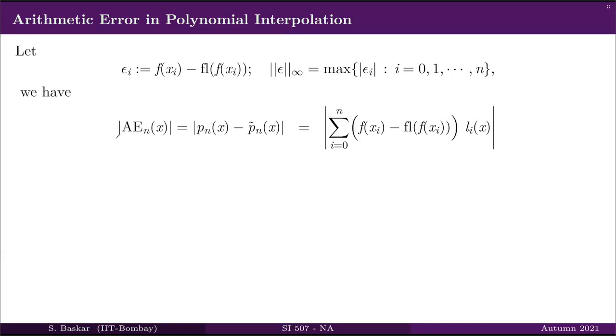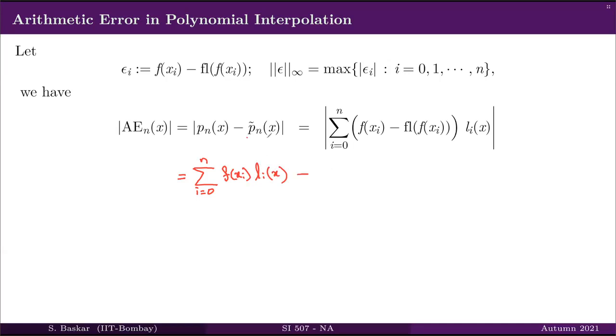Then the arithmetic error, which is given by Pn of x minus Pn tilde of x, can be written in the Lagrange form as sigma i equal to 0 to n. For Pn of x, we have f of xi into Li of x. If you recall, Li's are the Lagrange polynomials, right?